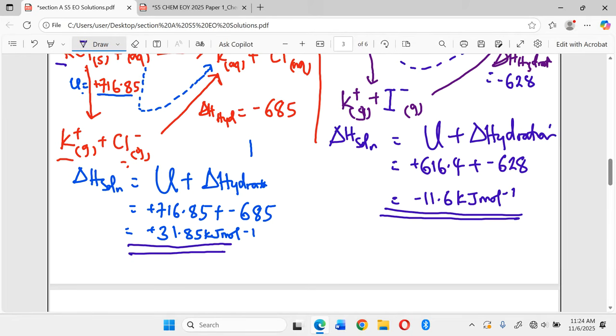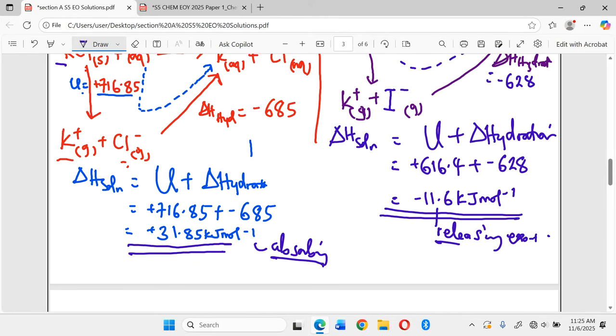For it, it dissolves in water by releasing heat, while this one dissolves in water by absorbing heat. So one is absorbing heat, which means it is endothermic. For the one which is releasing heat, we call that an exothermic reaction.